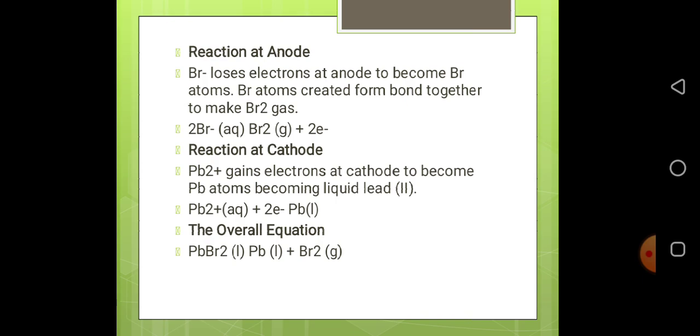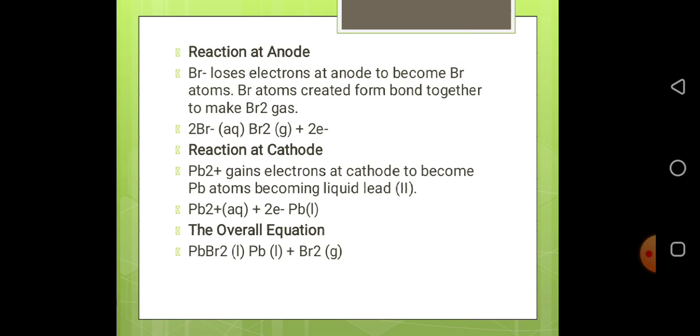So two bromide ions form bromine gas and lose two electrons. These are the reactions taking place at the anode.